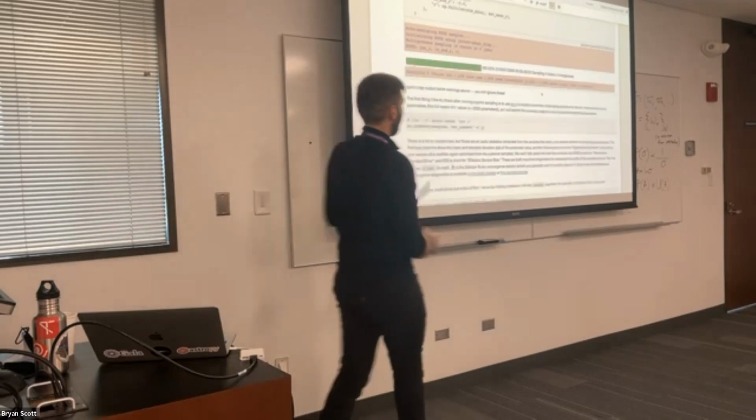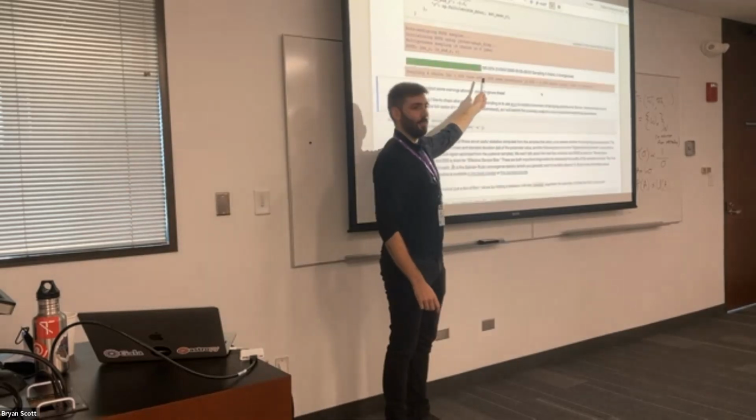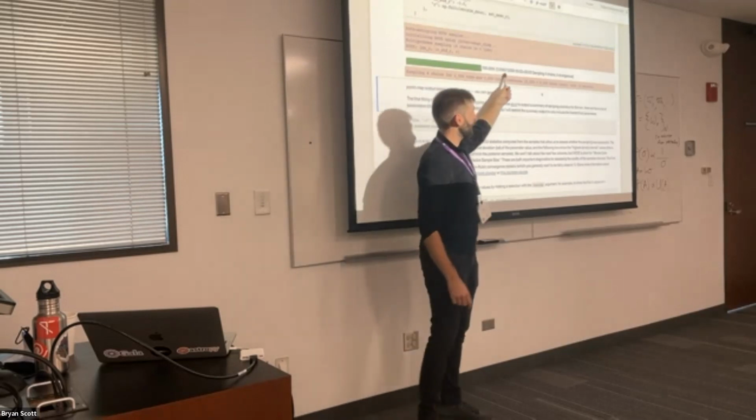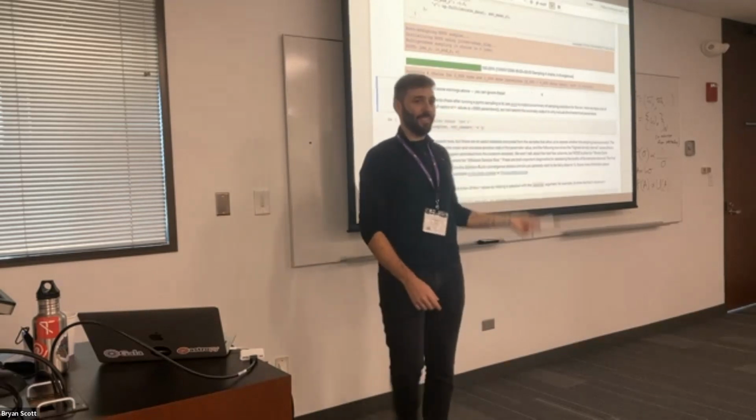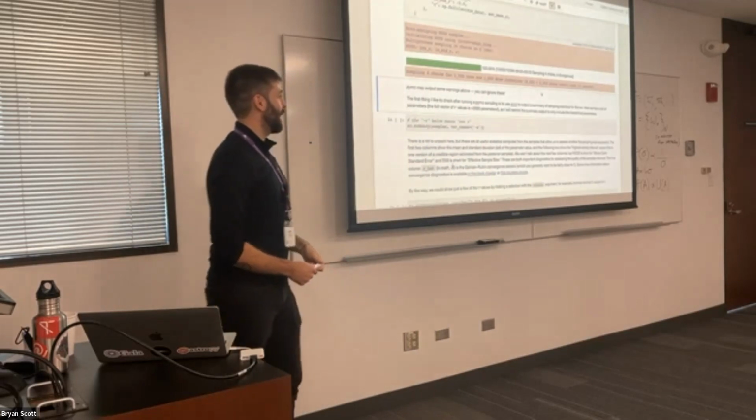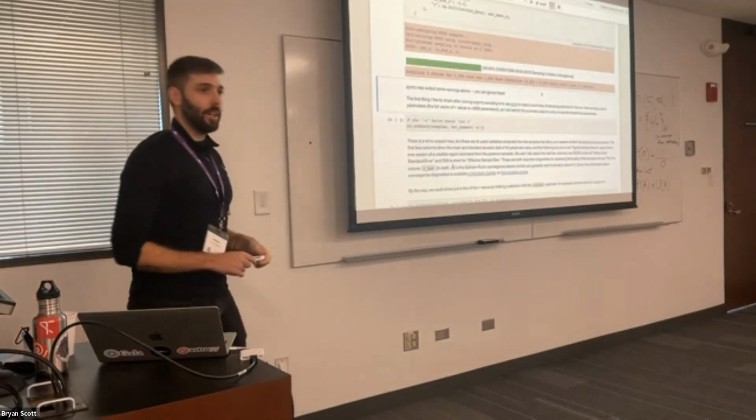So I want to highlight how fast that was. 3 seconds it took to generate 12,000 samples for a model that has over 256 parameters. That really emphasizes the power of these probabilistic programming languages like PyMC.